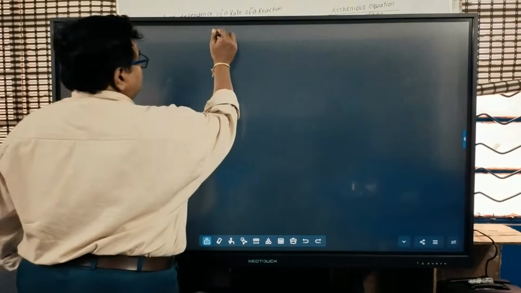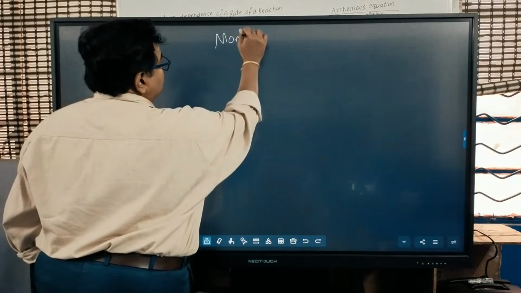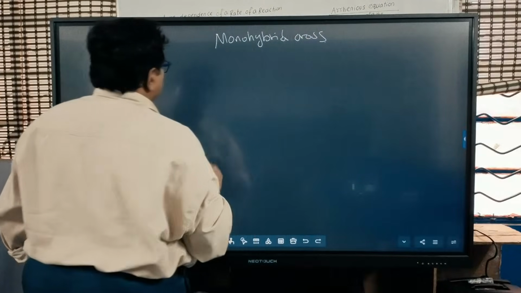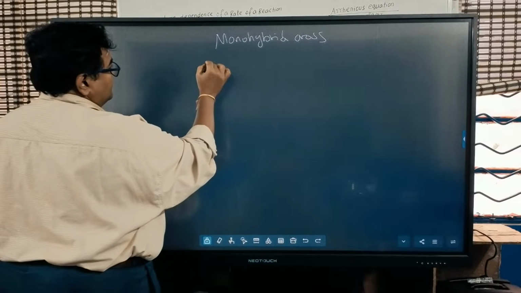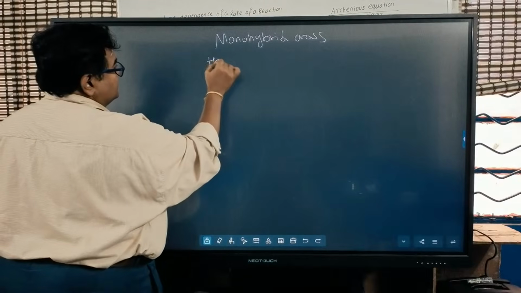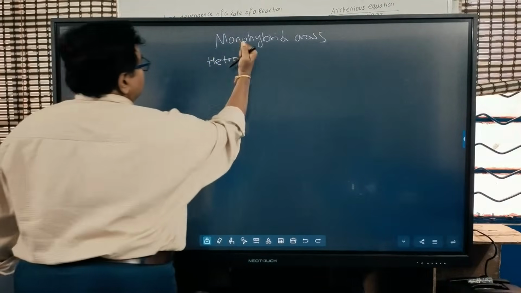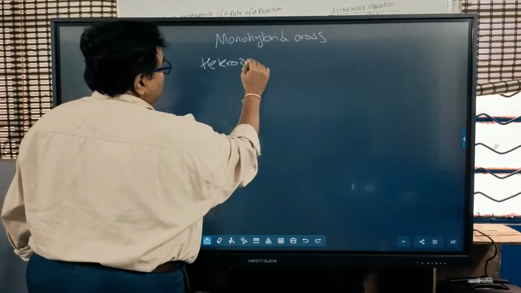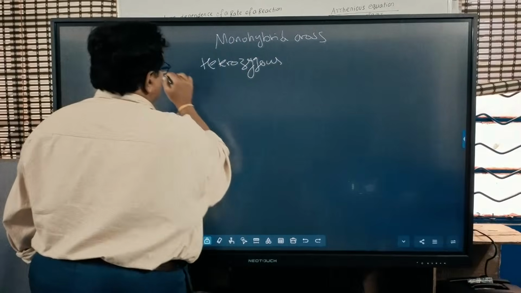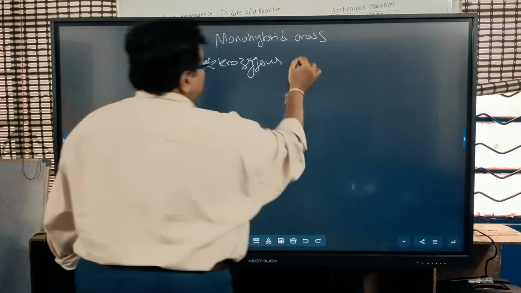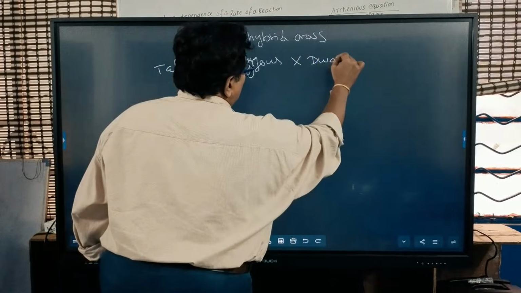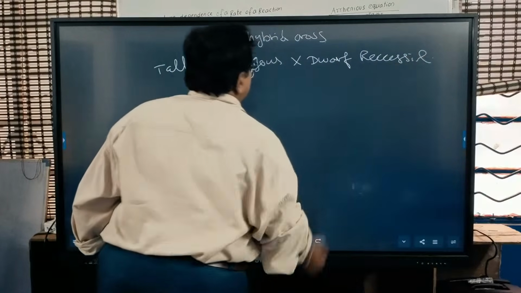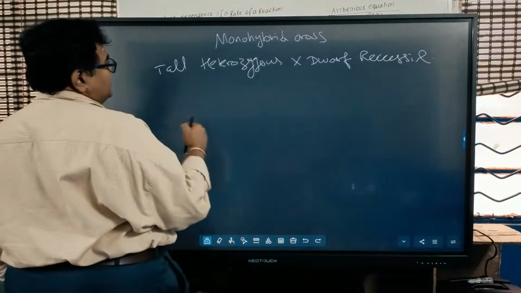We all know very well, in the monohybrid cross, if you are taking a heterozygous tall and crossing it with a dwarf recessive, we can make it very simple.